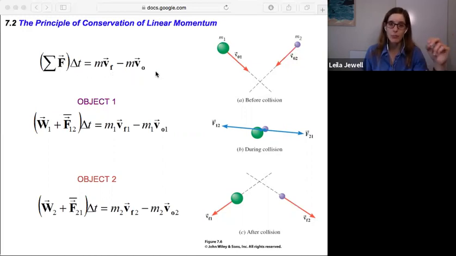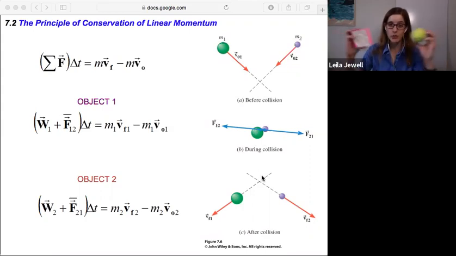We're going to do that for both objects, object 1 and object 2, right? For object 1, the net force acting on it is the weight of object 1 plus the average force applied on 1 from object 2. That's during this collision, object 1 feels this huge force in the opposite direction, right?